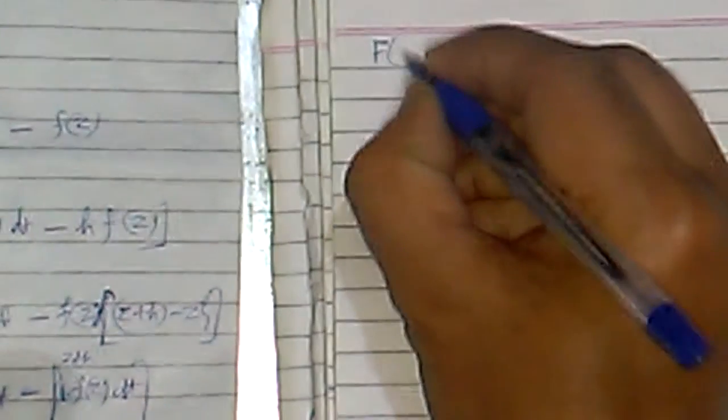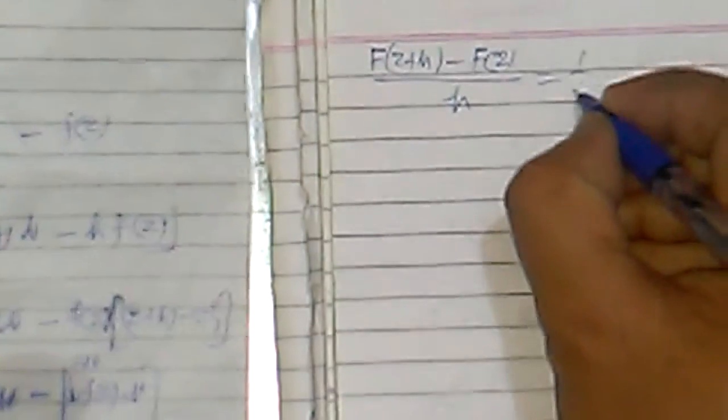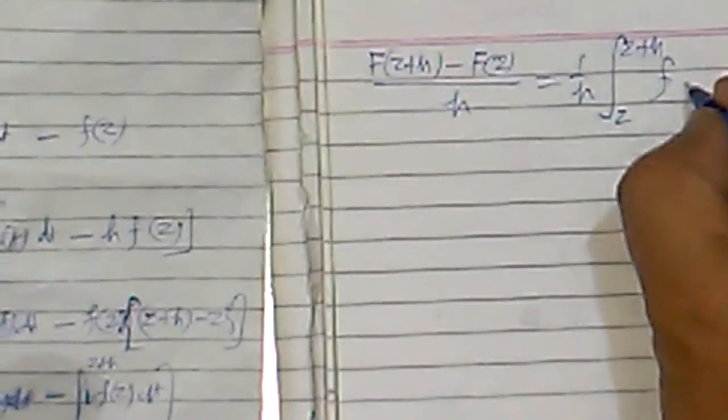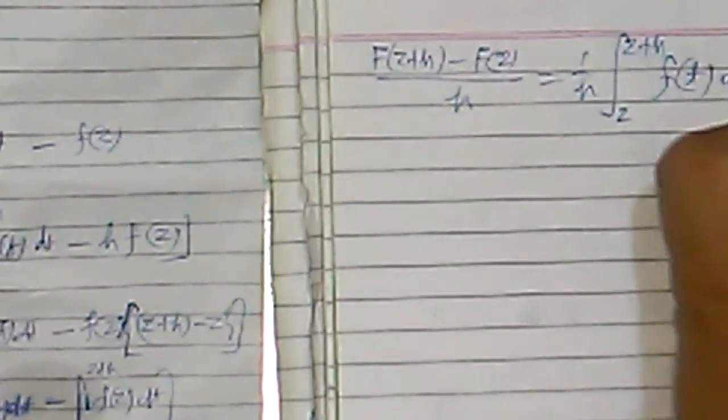So we write the previous equation as F(z+h) minus F(z) whole upon h is equal to 1 upon h times the integral from z to z plus h of f(t)dt.